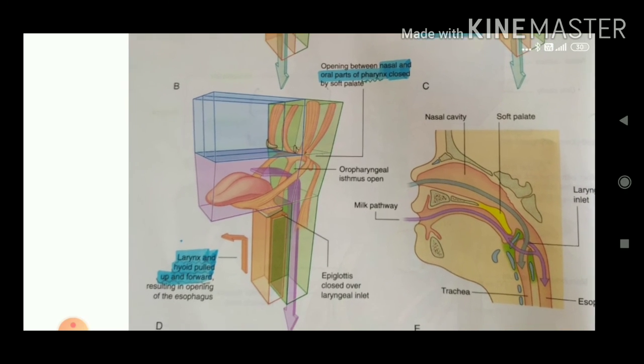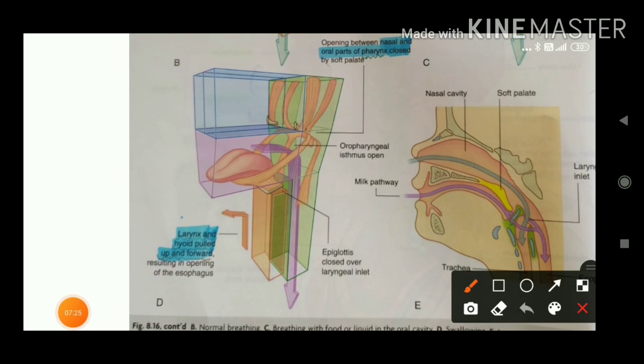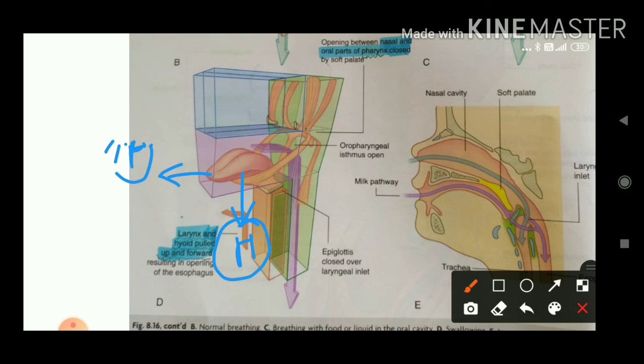But in this diagram, you can see that the tongue is protruded with the help of the genioglossus and depressed with the help of the hyoglossus. So it will open the oropharyngeal isthmus so that swallowing will be easy. The epiglottis is closed over the laryngeal inlet.